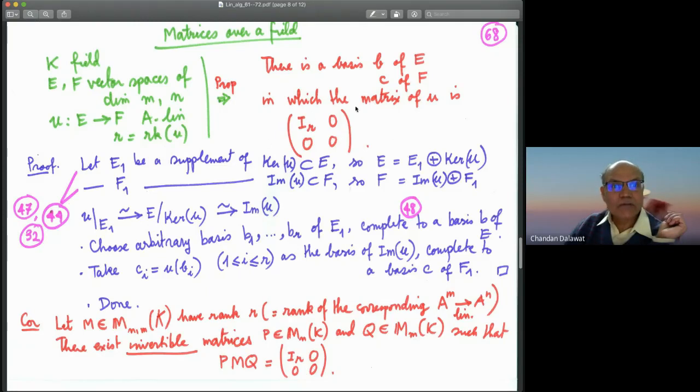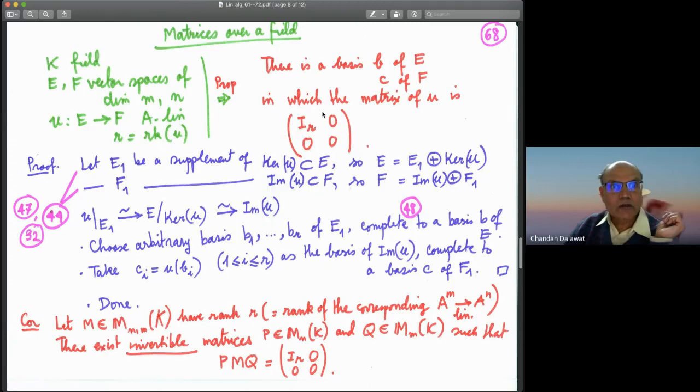And this kind of form is called a block diagonal form. So this matrix here is not necessarily a square matrix, right? Because M and N may be different, but it has been split into 4 blocks.